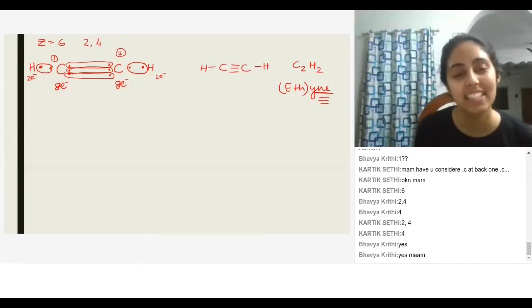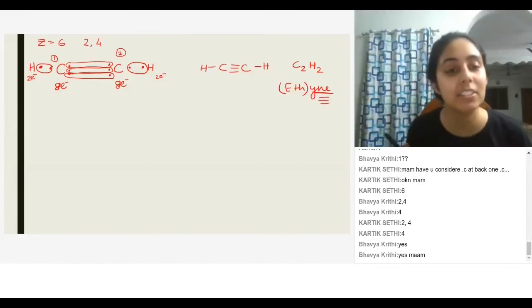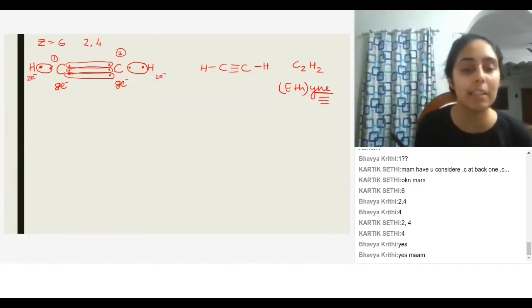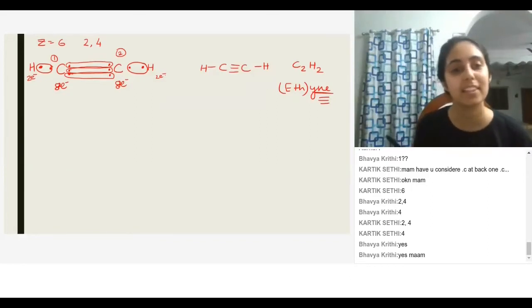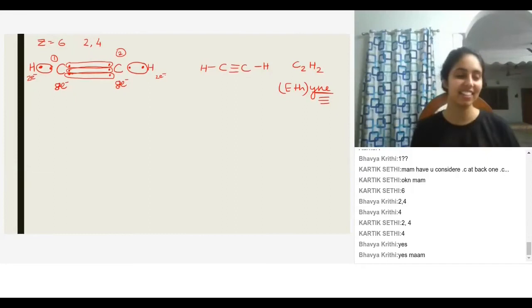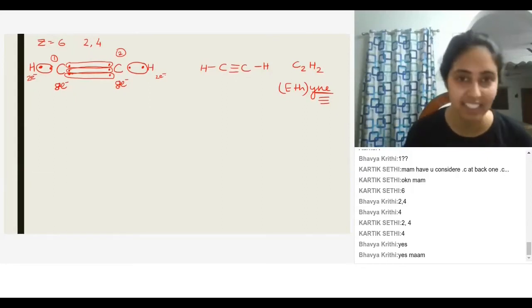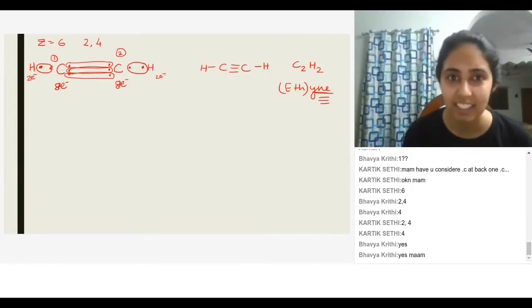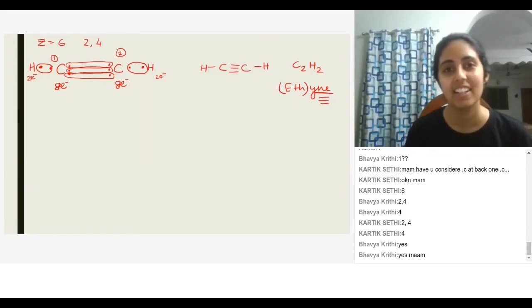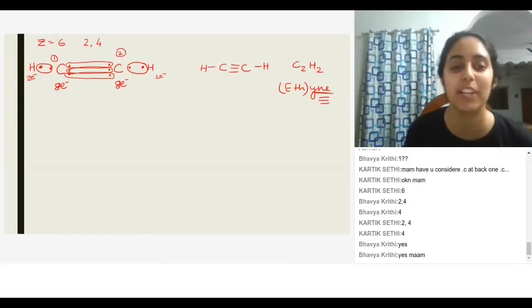Ma'am, can there be 4 bonds also? You tell me, Bhavya. You make 4 bonds and show me. Tell me if it is possible, okay? Ma'am, Karthik asked. Okay, yeah, Karthik, then draw a 4 bond structure and show it to me, okay?